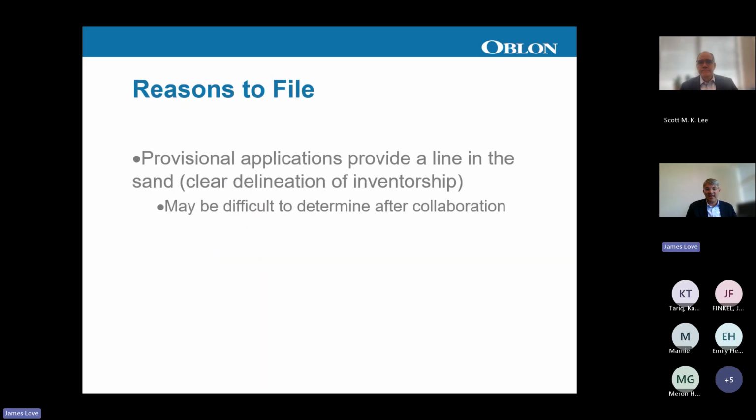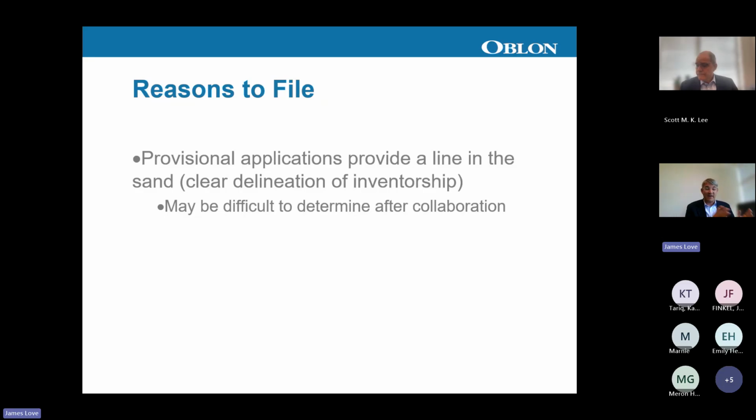As I mentioned, and I like to mention this again, it may be really difficult to determine who invented something. A lot of times I'll counsel inventors to file a provisional application with their idea first before they start collaborating with someone, because you don't want to later have a dispute about who came up with something, where one says, no, I came up with that, and the other says, no, it was me.